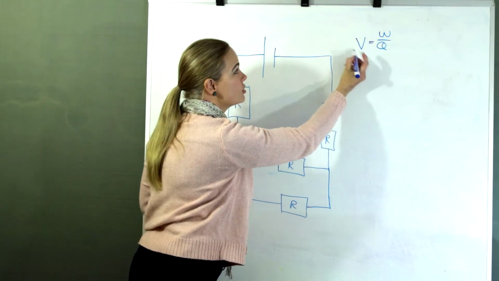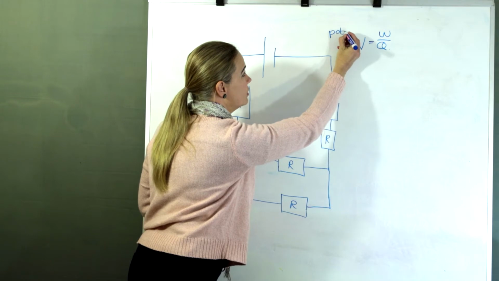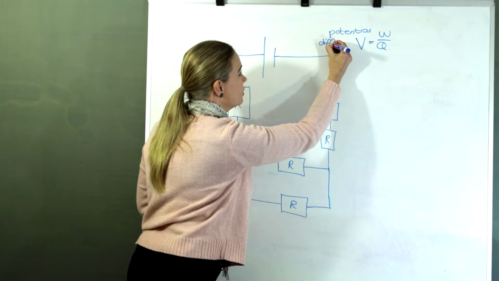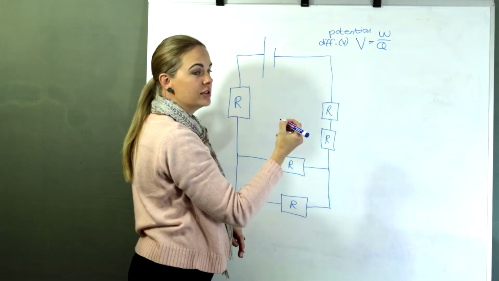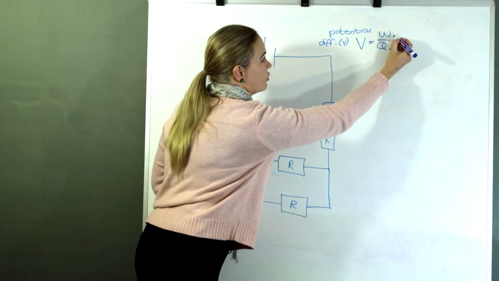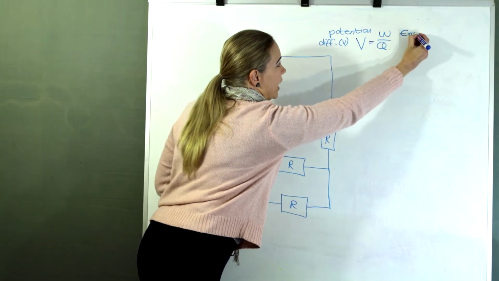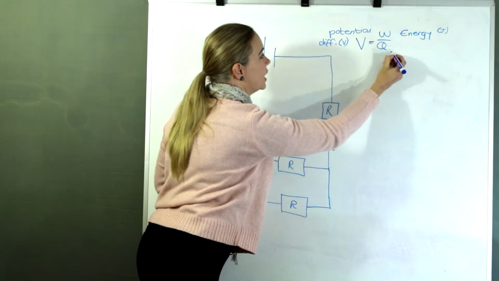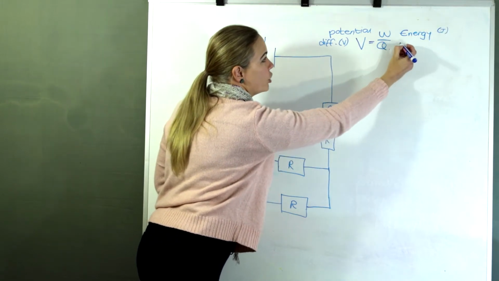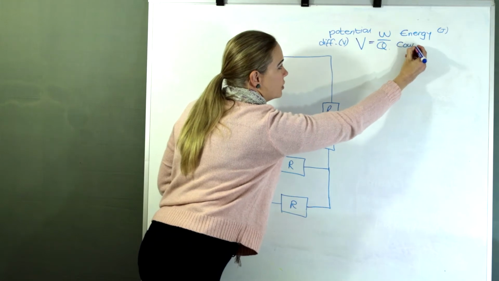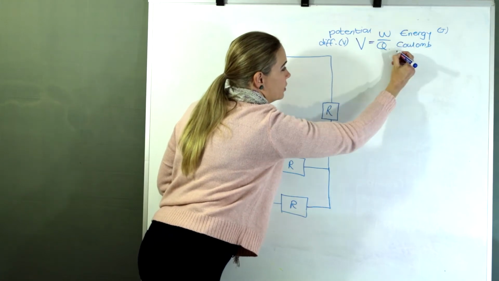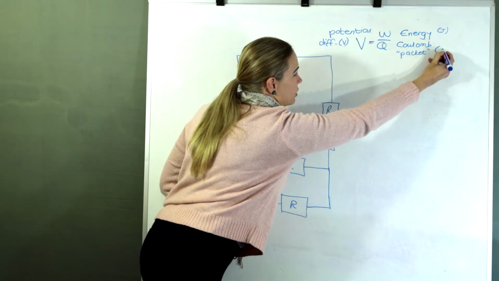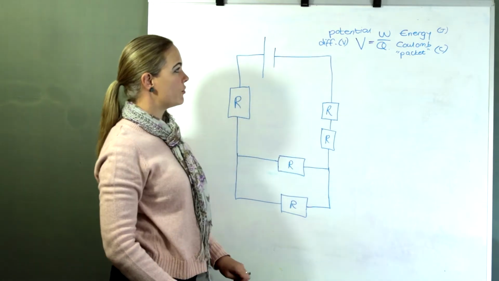That means that the volts or potential difference, measured in V for volts, is W, which is energy, so it's the amount of energy in joules per every Coulomb packet of charge. And the symbol for that is C for coulombs.